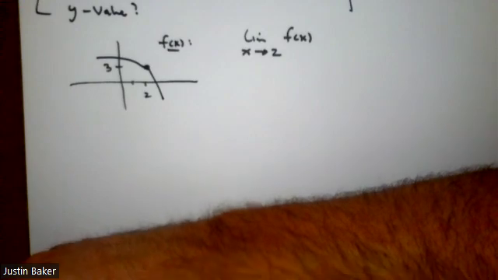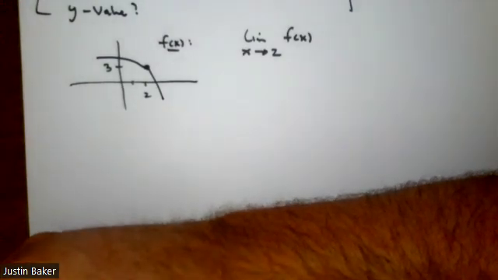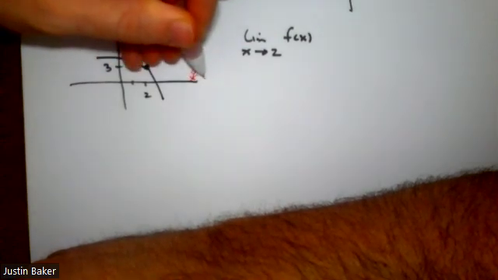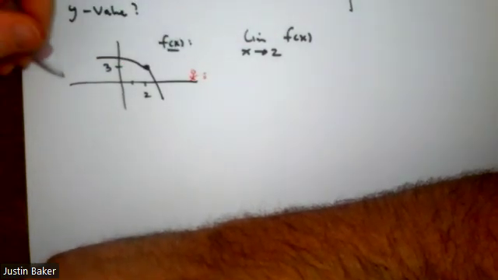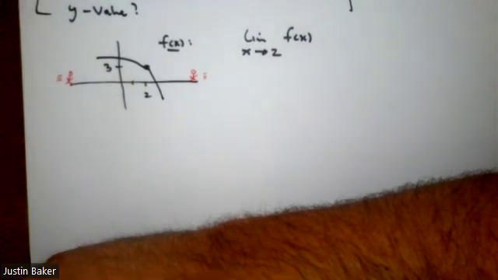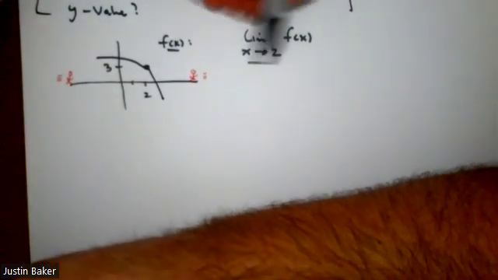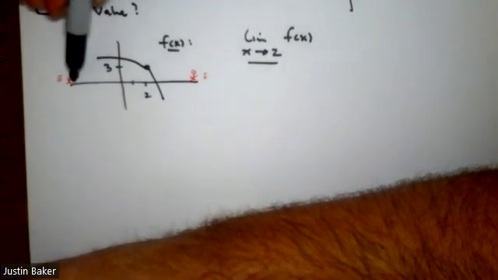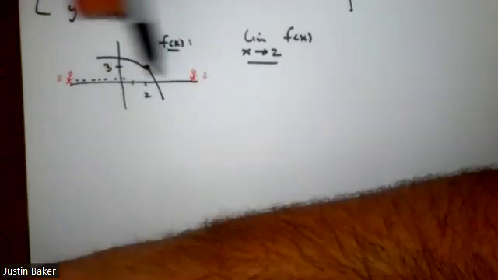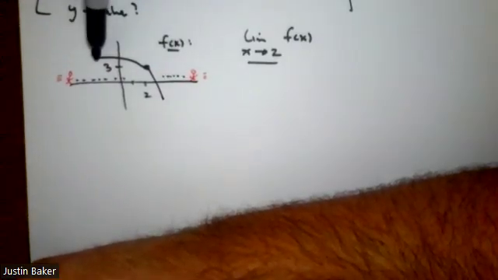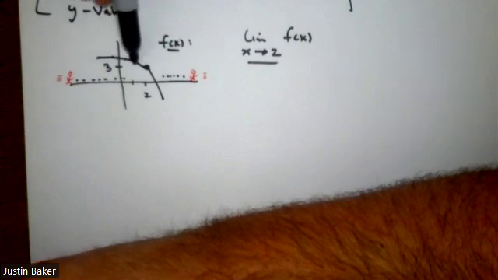Okay, so when I teach this, I introduce my two guys, and I draw two people on the x-axis. We have one guy that comes from the right, and one guy that comes from the left. These two people are going to run, hypothetically, to whatever value we're interested in. As these two guys approach the number 2 from each direction, we have to keep in mind that simultaneously, there are function values that tie into this graph.